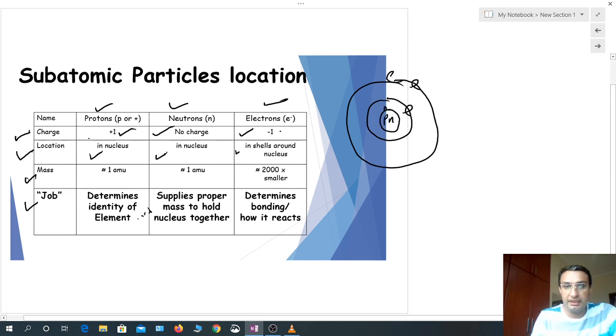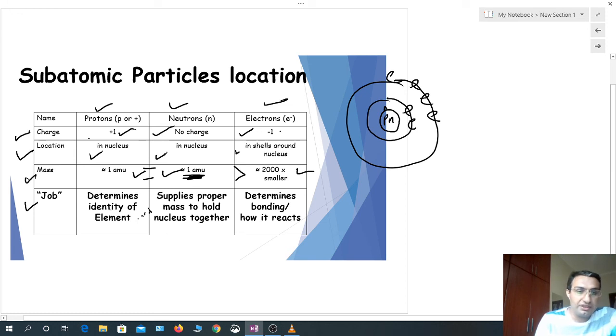These are shells or energy levels, as I mentioned. For the atomic mass, as we saw in previous slides, the masses of neutrons and protons are almost equal, one atomic mass unit, and they are almost 2,000 times heavier than the mass of an electron.